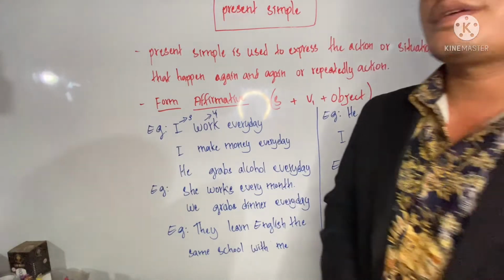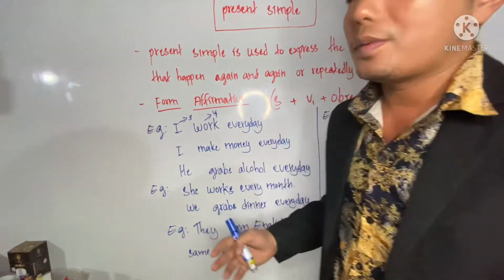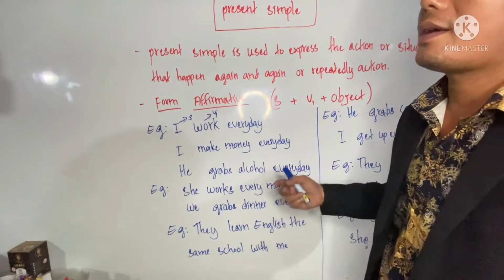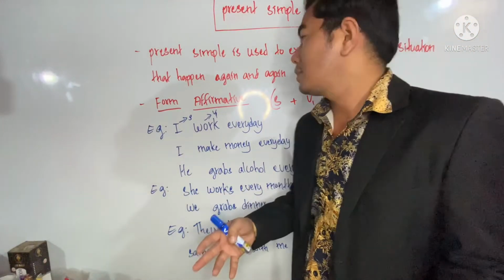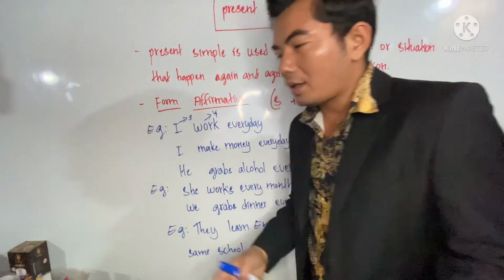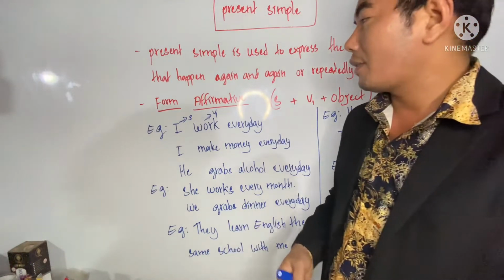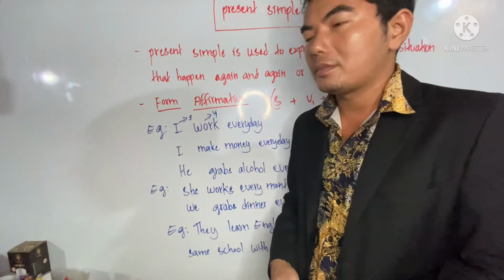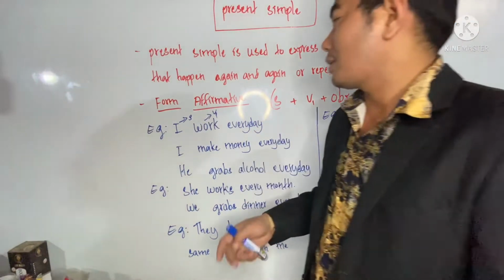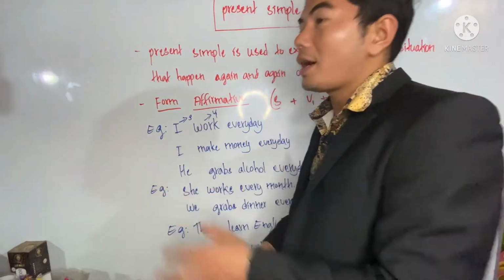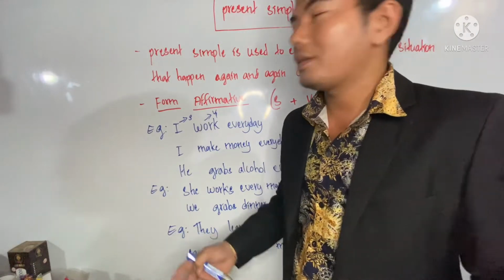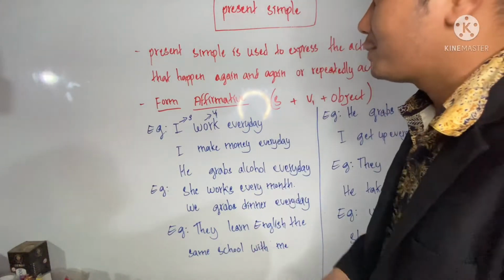You know, present simple is used to express an action or situation that happens again and again, or a repeatedly done action. That I can say is an affirmative action. If you're affirmative to others, they will love you, they will like you.